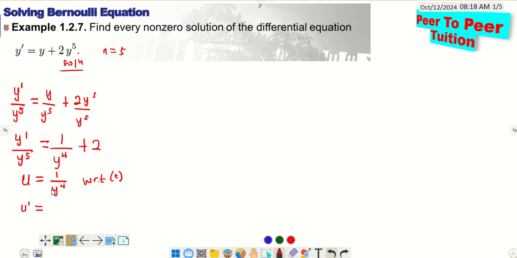the first thing is to differentiate this. When I differentiate this, I'll get negative 4 over y exponent 5. Then I have to multiply this by y prime.